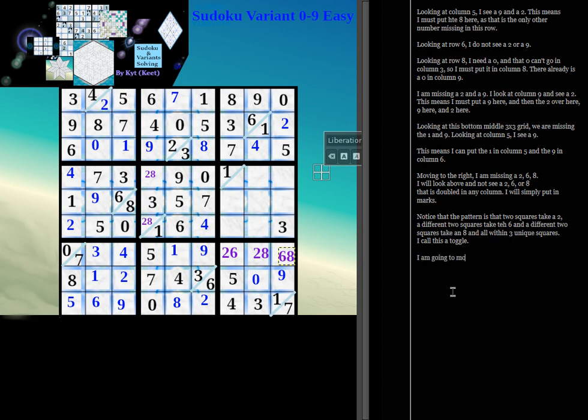I'm going to move to row 4 and put in my marks there as well. Now I need a 2, 5, 6, and 8.